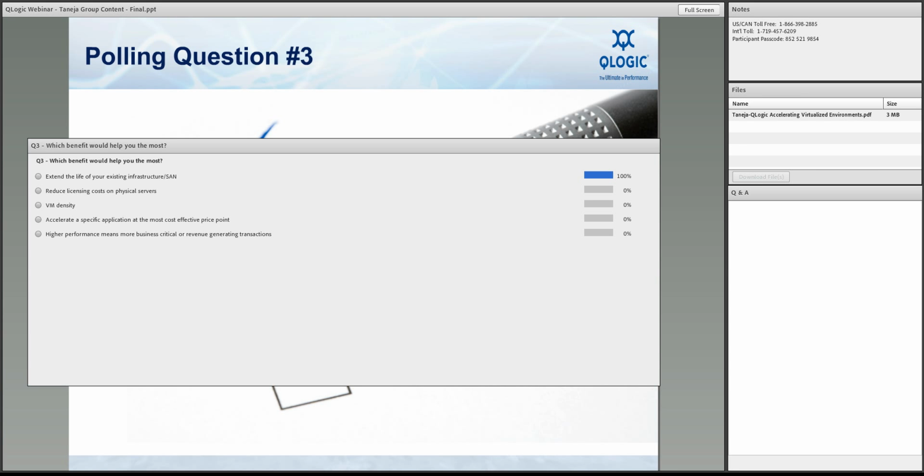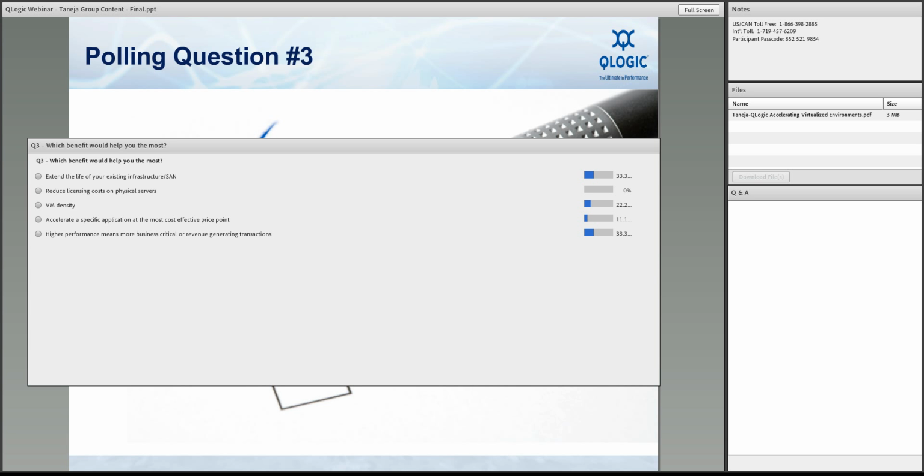Extending the life of your existing infrastructure, reduce licensing costs on physical servers, VM density, accelerating a specific application at the most cost-effective price point. Higher performance means more business critical or revenue-generating transactions. We'll give you a few seconds to lock in your vote for this question.